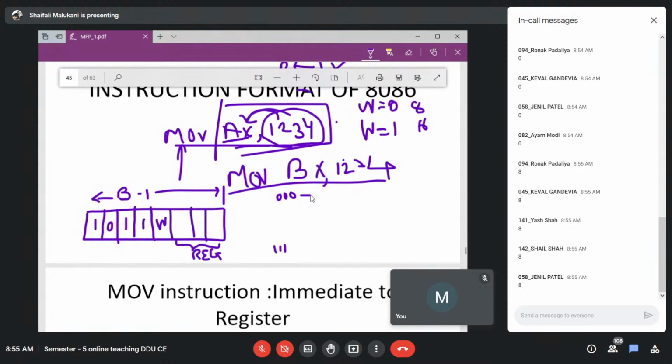Suppose it is 000, then you have to check whether W is 0 or 1. If W is 0, that means it is an 8-bit operation. These 3 bits indicate a register, but the register will not be 16-bit because W is 0, it is an 8-bit operation. So 000 will indicate AL, and then 100 will indicate AH.